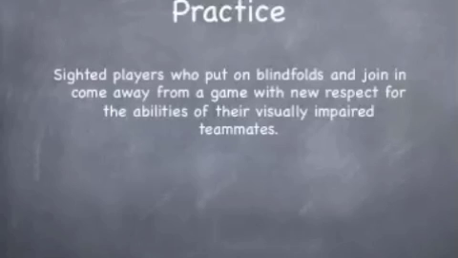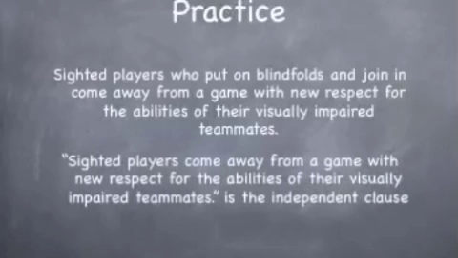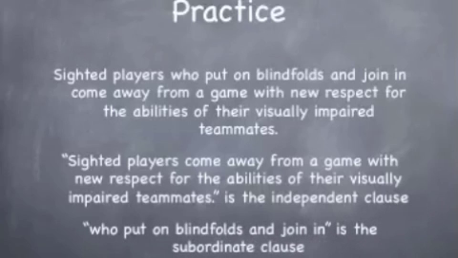All right, in this case, the subordinate clause is actually inside of the independent clause. The independent clause is sighted players come away from a game with a new respect for the abilities of their visually impaired teammates. That's the independent clause. There's the subject, there's the verb, there's the complete thought. But within that is who put on blindfolds and join in. That's the subordinate clause.